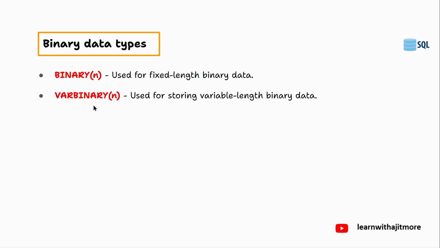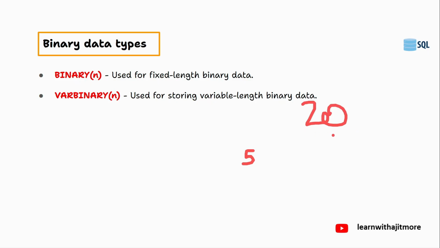And if you want variable binary, then use varbinary. Okay. Here, if you have given size 20 and you need only 5 bytes, it will take 5 bytes only. The remaining are not padded with spaces, sorry, with zeros. Okay. It will take only as much as needed.